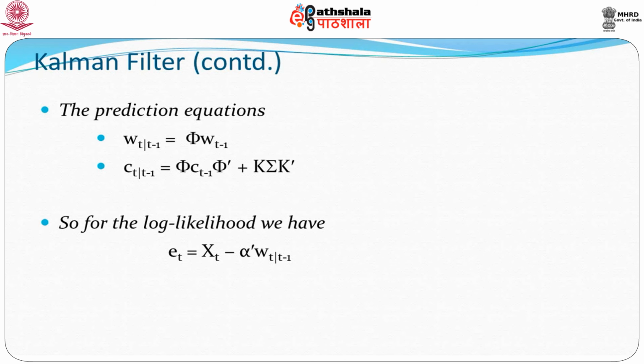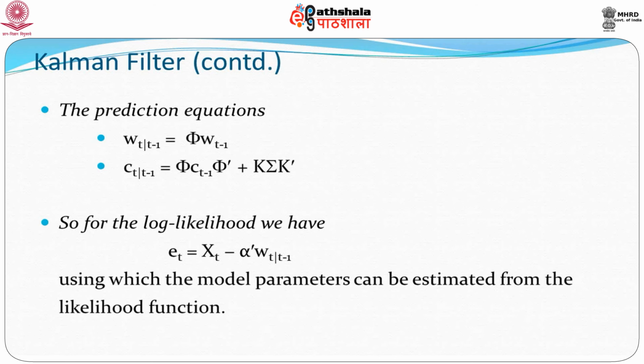Now, the error vector in this case, it's easy to see that the expectation of this is going to be 0, because the expectation of Wt given t minus 1 minus Wt is 0, and so is the expectation of epsilon t. And its dispersion is given by a diagonal matrix, Ct given t minus 1 and sigma epsilon square, the off diagonal elements being 0.